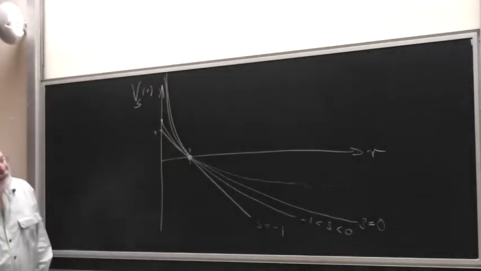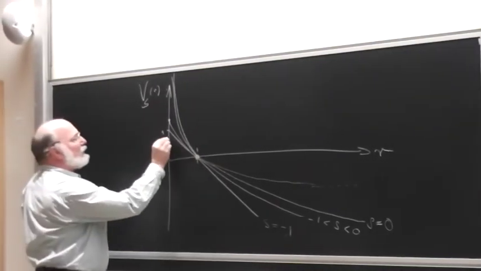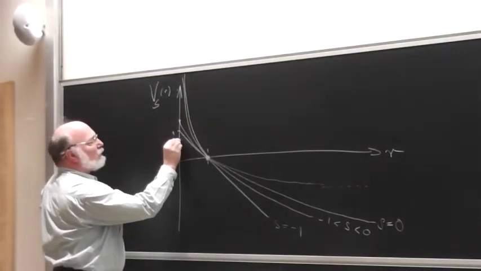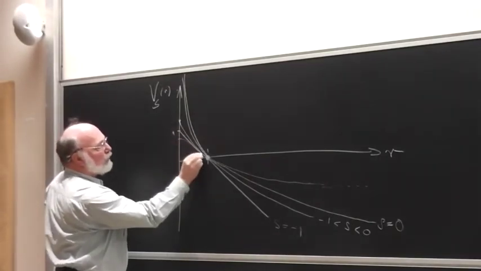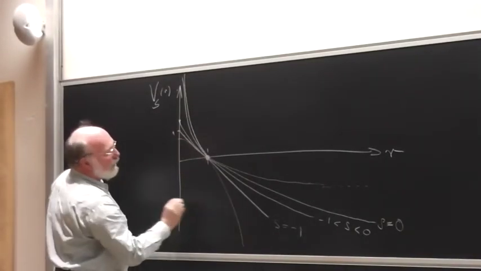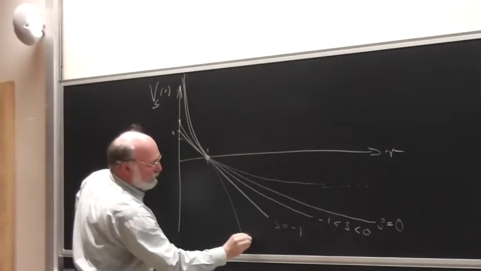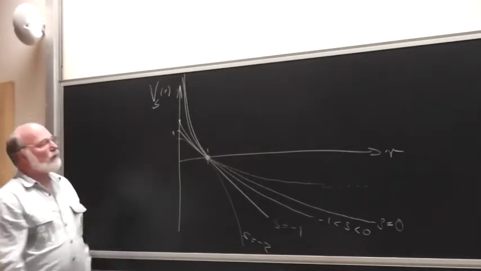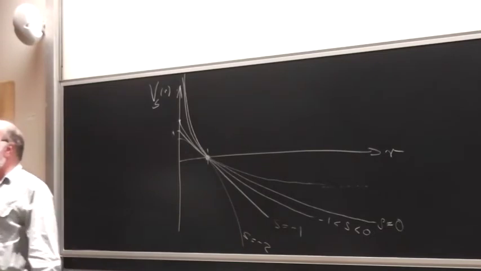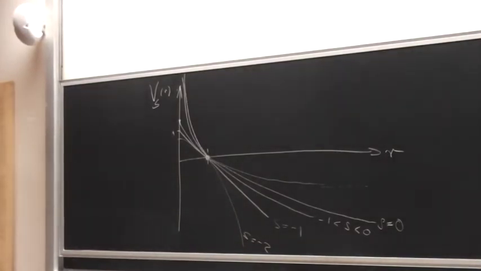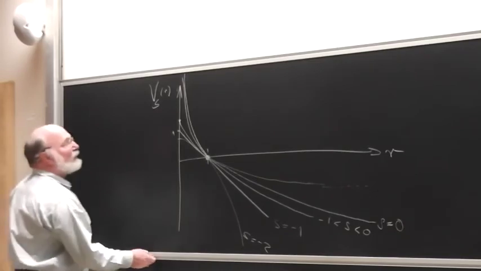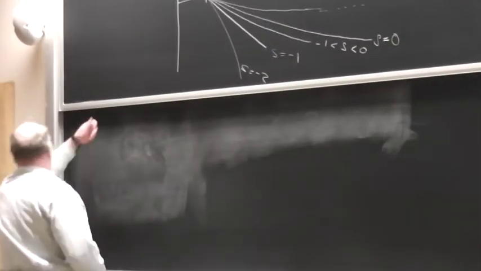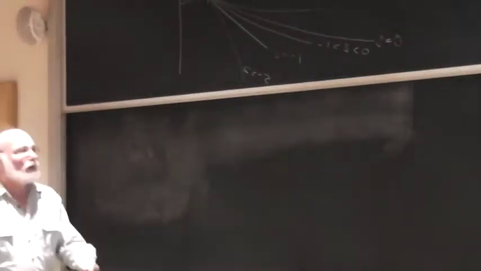On the other hand, if s is less than negative 1, then you come out with a nice zero slope, touch here, and go down, for instance s equals negative 2, and so on. So this is a monotonic family of pair interactions, and they are all repulsive. Each pair interaction is such that the further apart two particles are, the lower is the pair energy. This is just so that you know how they look.